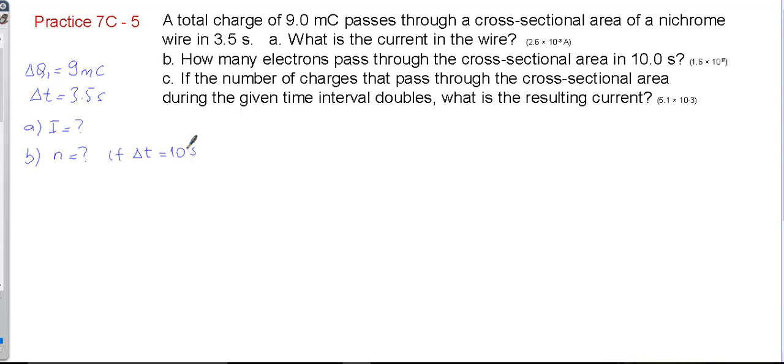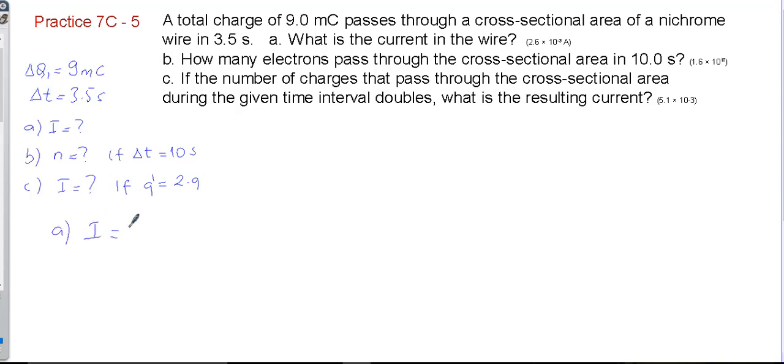And then C, it says what is the current if Q increases 2 times, so instead of that charge, you move 2 times more charge than this. A, let's start with A.